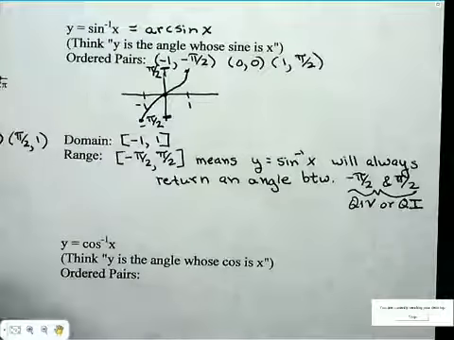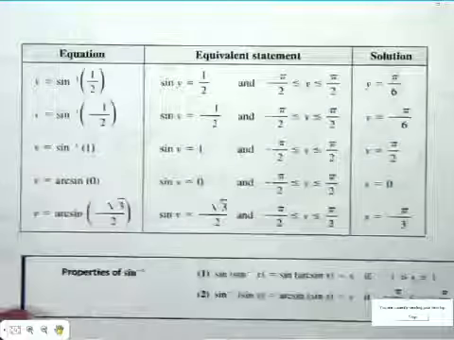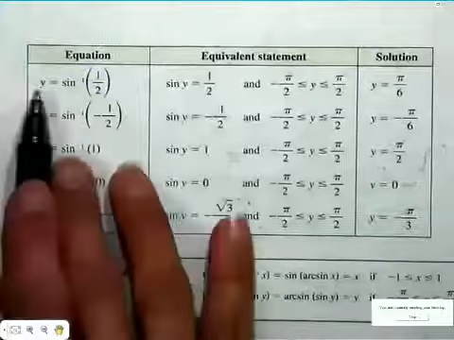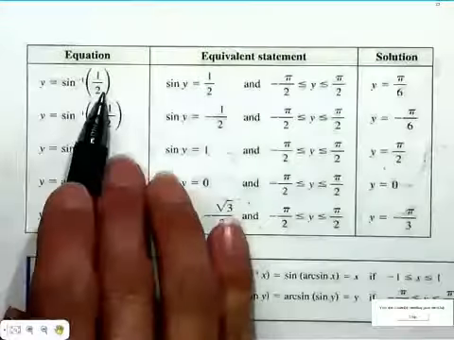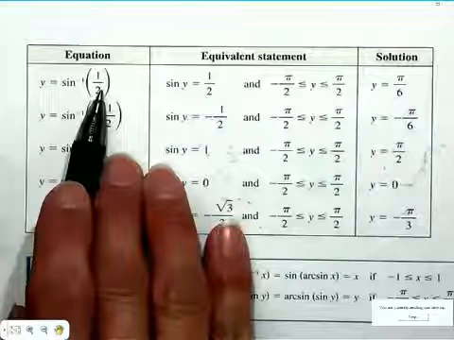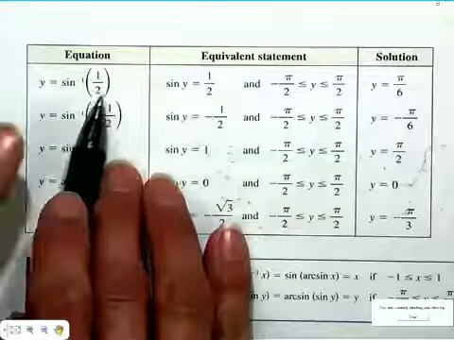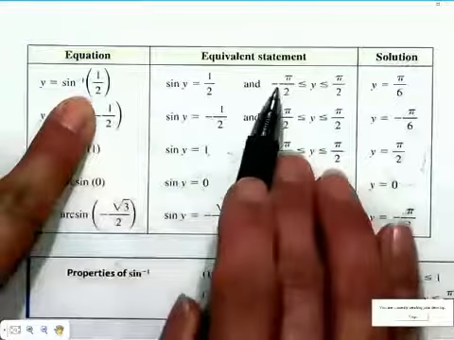So let's look at these properties of sine. I actually have them right here. That's page 4 from page 462 in the book. When you see the equation y equals inverse sine of a half, you need to think of what that means. That means give me the angle whose sine is 1/2, and the answer has to be between negative pi over 2 and positive pi over 2.